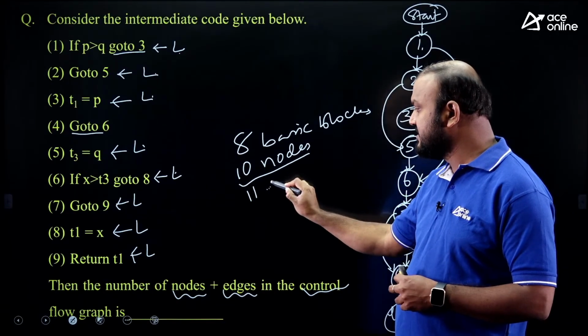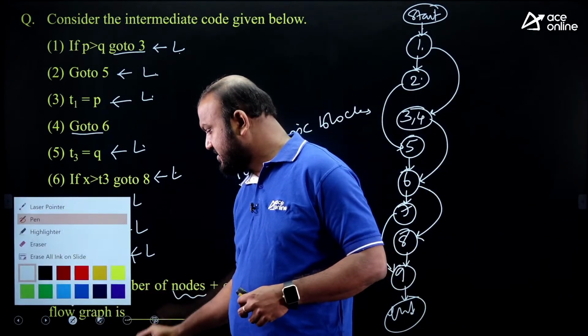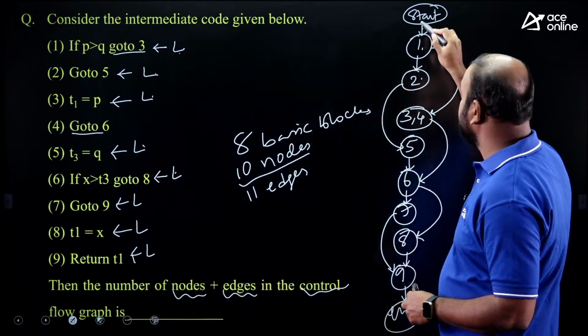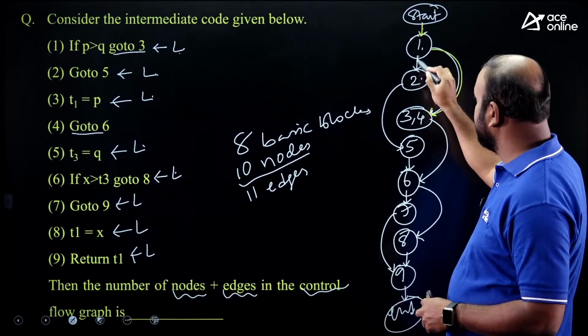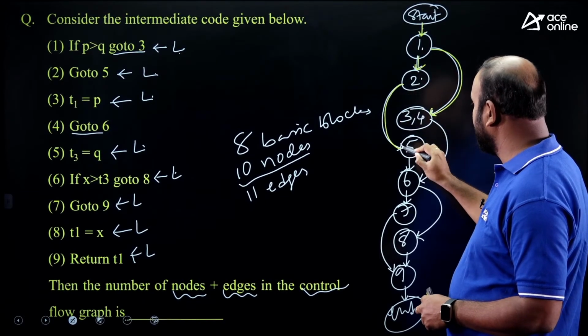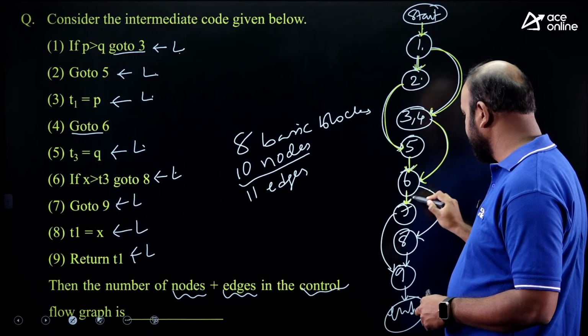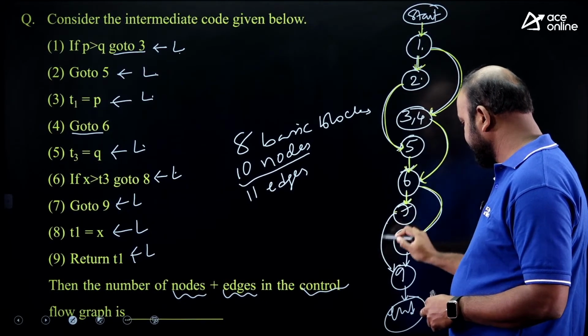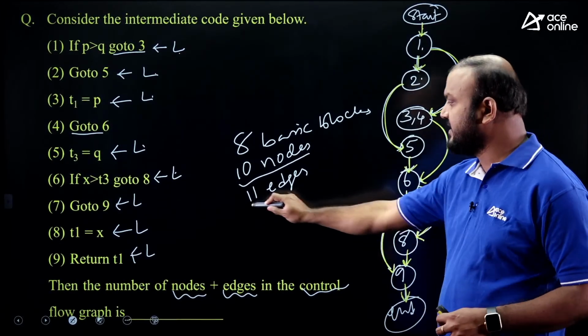How many edges? 11 edges. Just check one more time: 1 through 11. 11 edges.